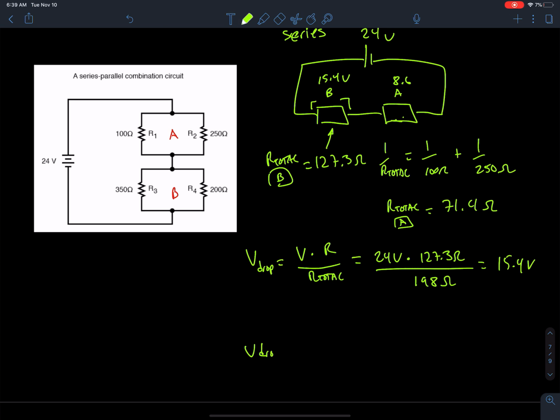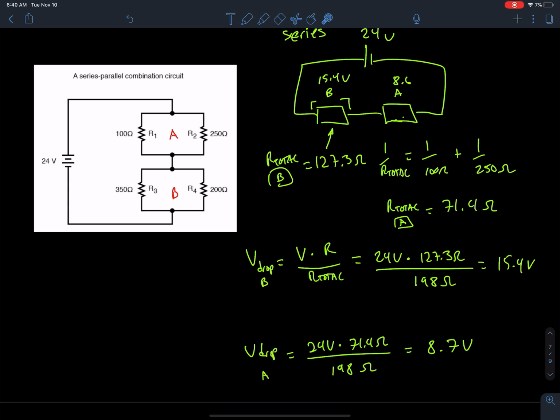So V drop, this was for B and this is for A, is going to be equal to 24 volts times 71.4 ohms divided by 198 ohms, which is equal to 8.7 volts, or 8.6. 8.6 or 8.7, so that's probably just a rounding error.